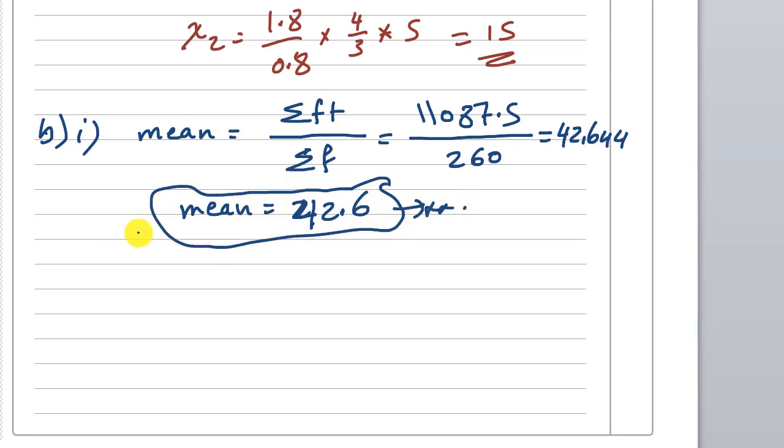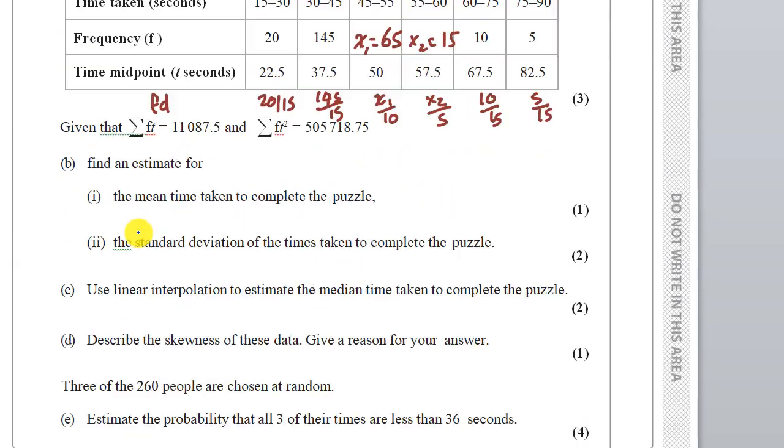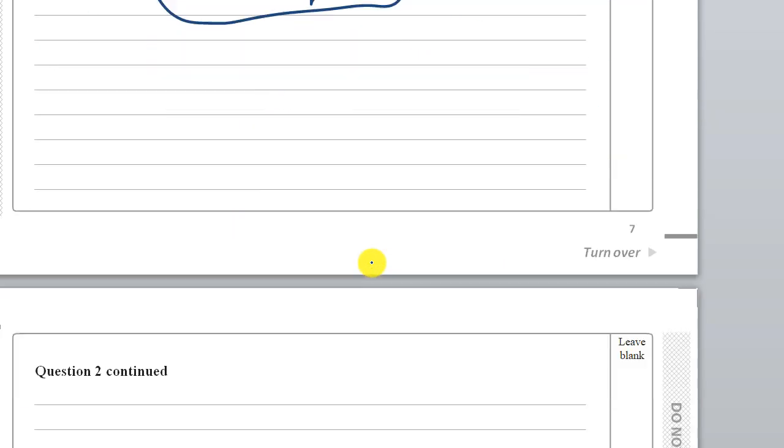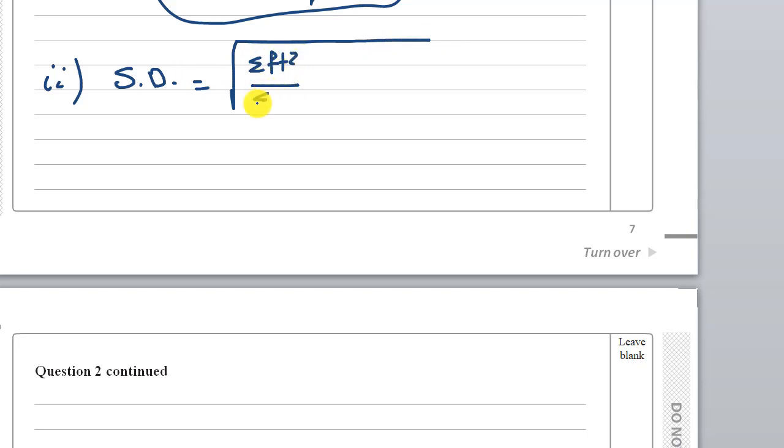Let us go ahead to another one. The standard deviation of the time taken to complete the puzzle. So standard deviation, SD, is equal to the square root of sigma ft squared divided by sigma f, minus the mean squared, which is sigma ft divided by sigma f, squared.